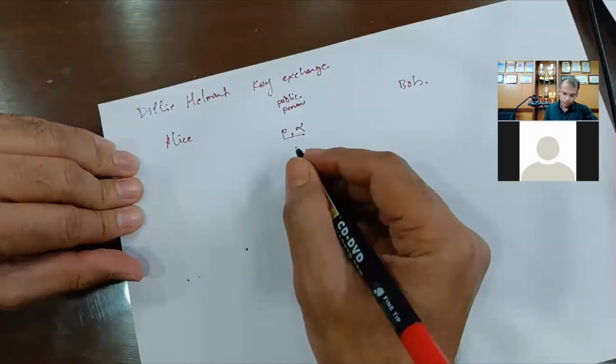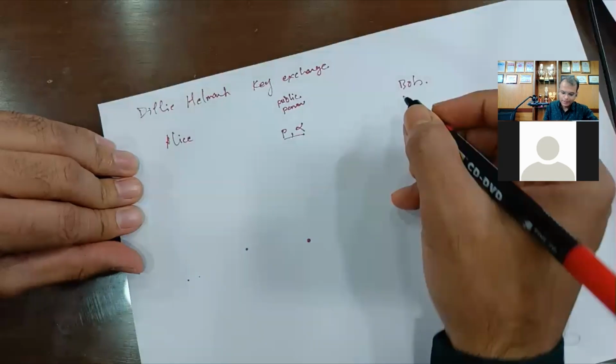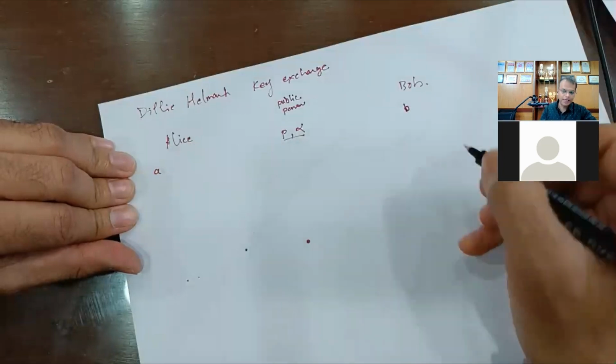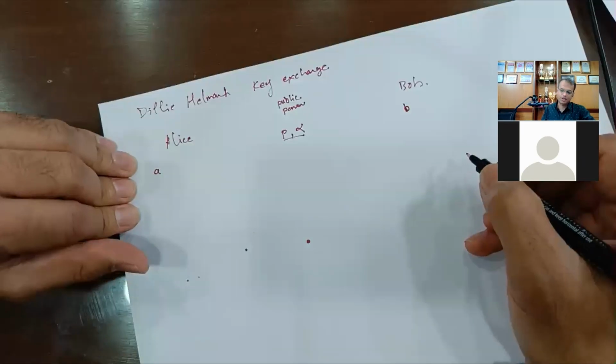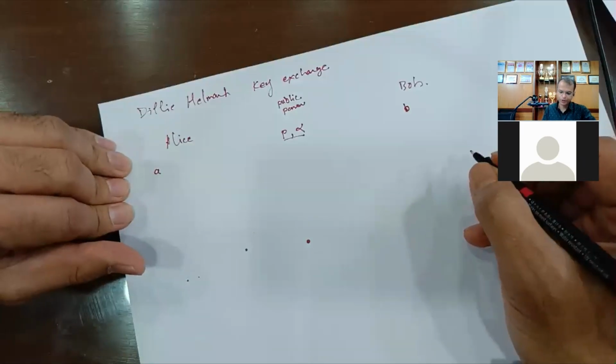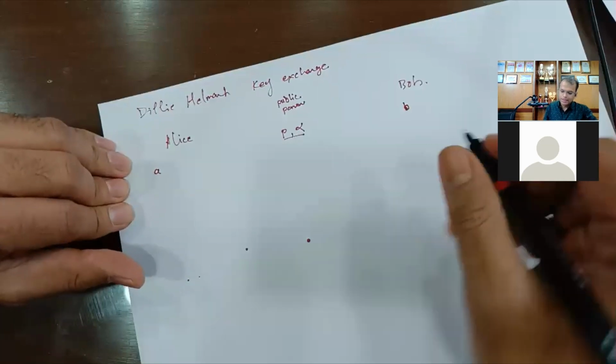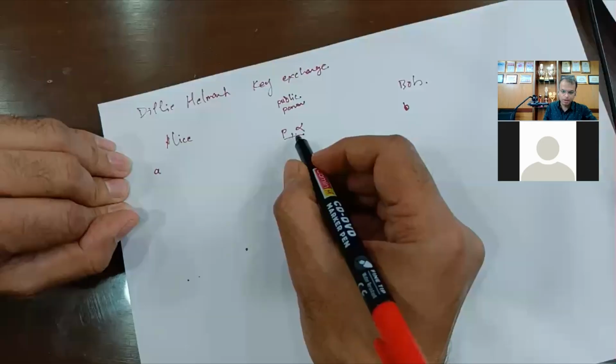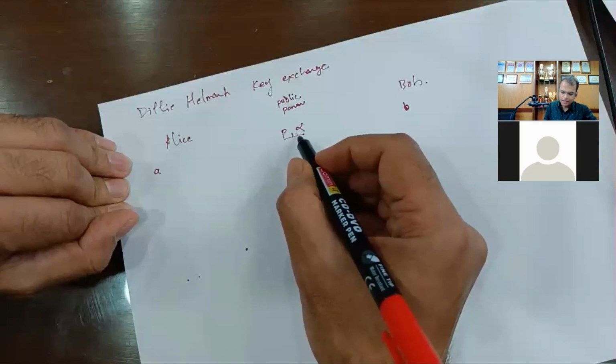Now, Alice and Bob have their own private keys. Let us call small a and small b their own private keys. They take this alpha, because these are the public parameters.